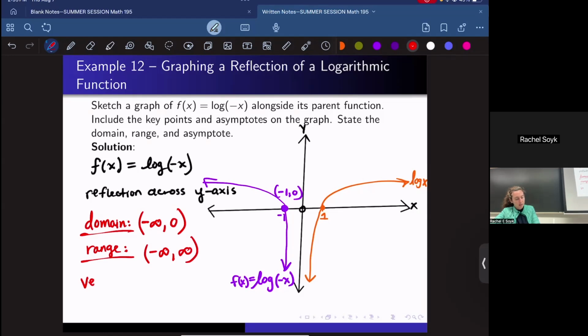Finally, we have, once again, our vertical asymptote at, yeah, x is equal to 0. So that concludes our sections 6.3 and 6.4.